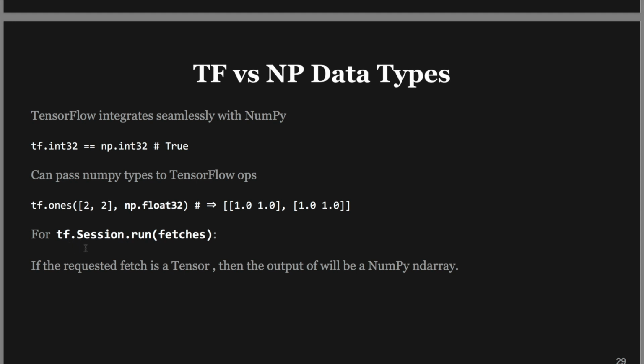And when we are calling session.run with a list of ops to run and fetch, if the return value is a tensor, then the output of session.run is going to be an ndarray. That would come back to Python as an ndarray, which would be really easy to print or do whatever you want with.